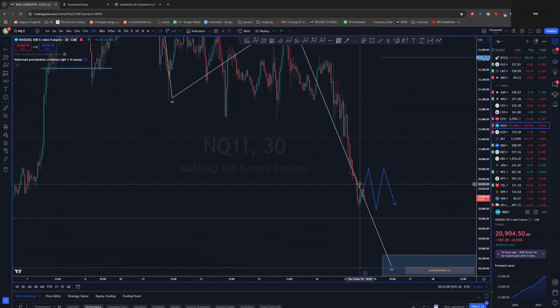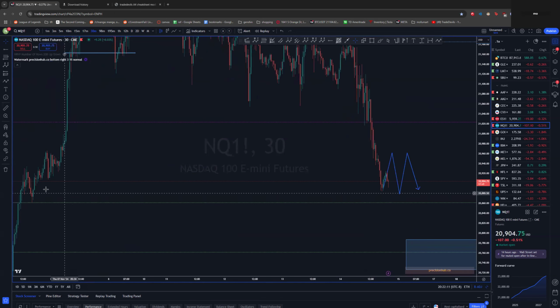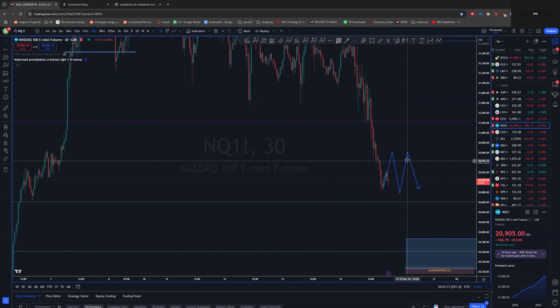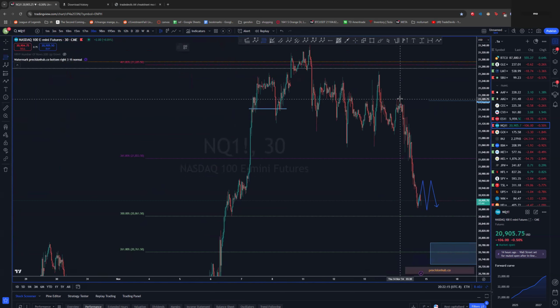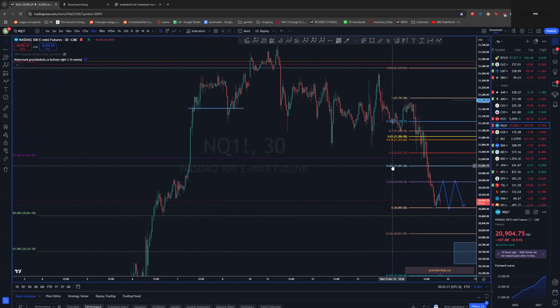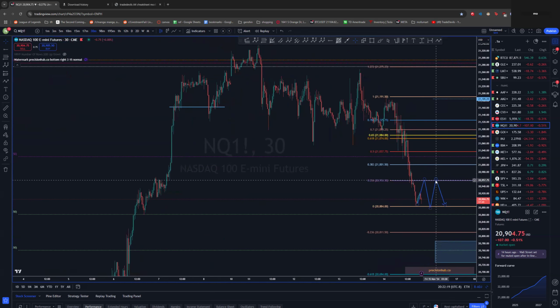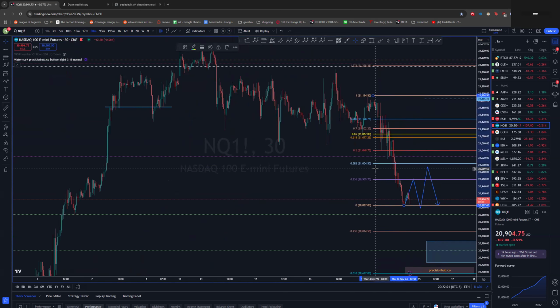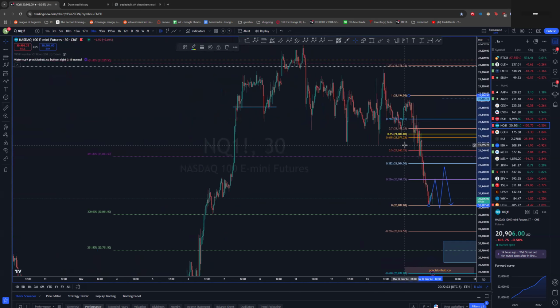If we just look at it like this, there's not much structure here, so maybe for this fourth wave we do come up to this 2100. It's hard to say for sure.